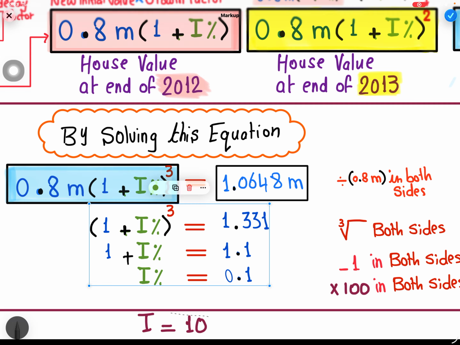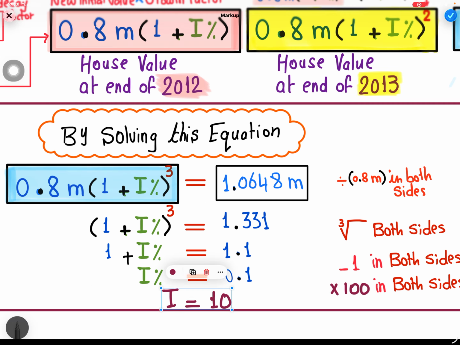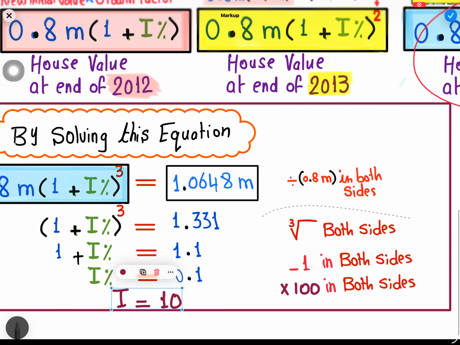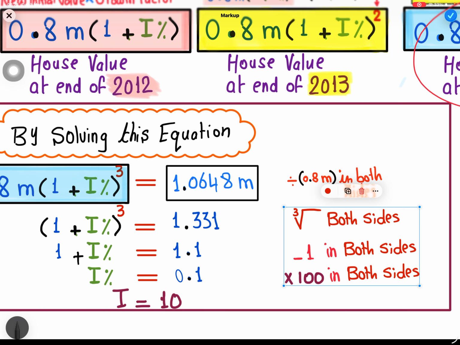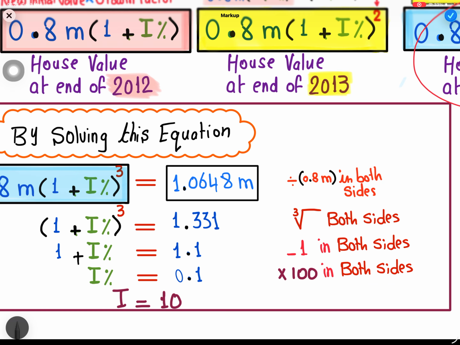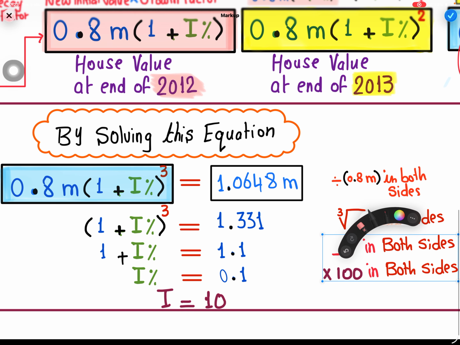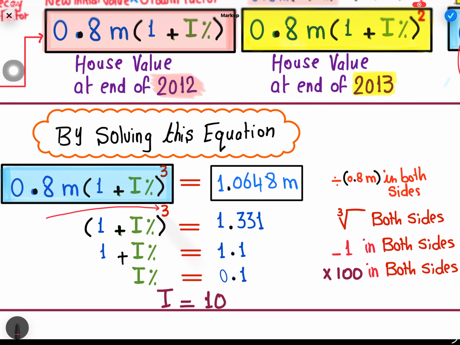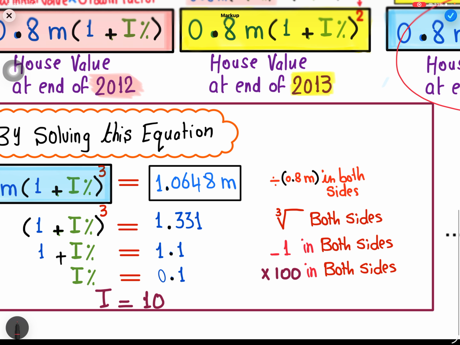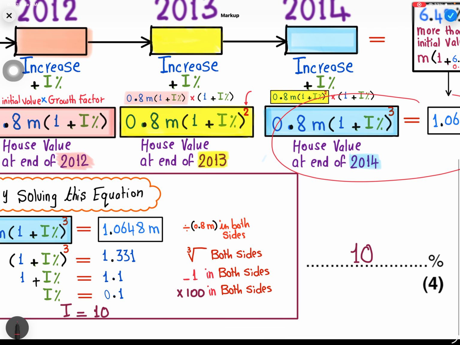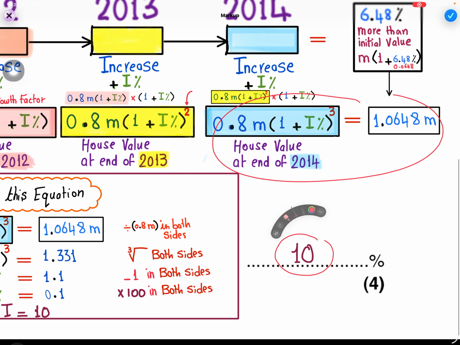Then we take the cube root on both sides, because we need to isolate I. We take the cube root to get rid of this power 3 first, and then by subtracting 1 on both sides, we find that I equals 0.1. We just need to multiply I by 100, so I equals 10. The final answer is 10%.